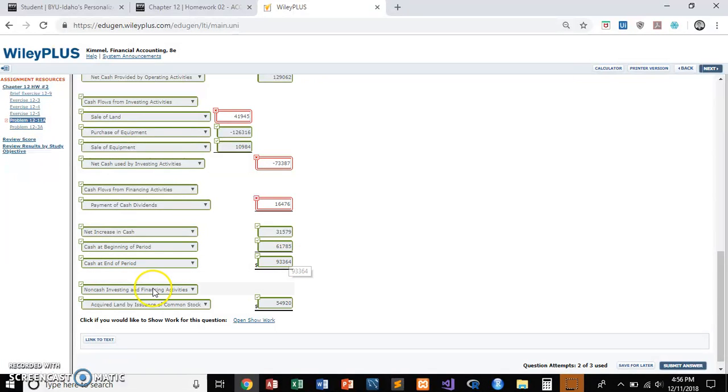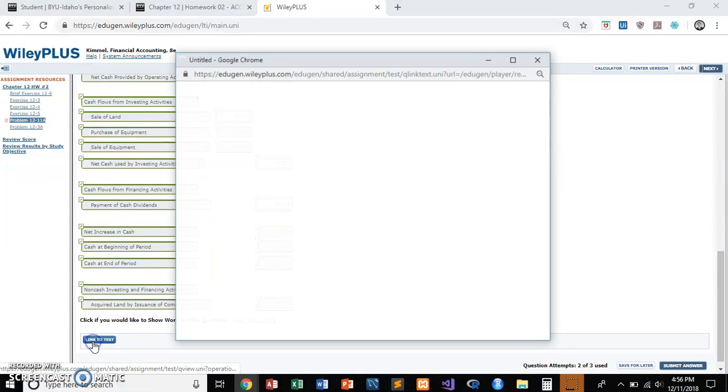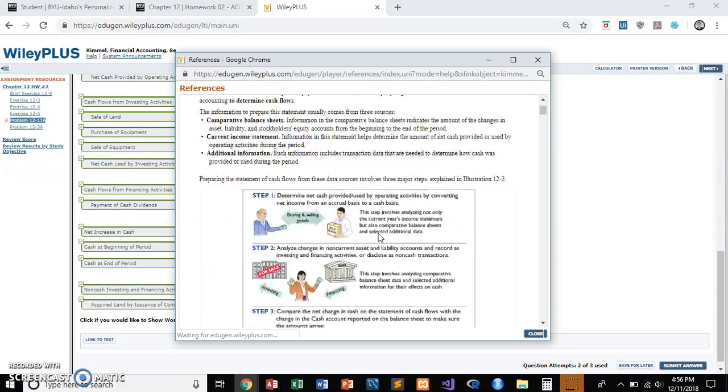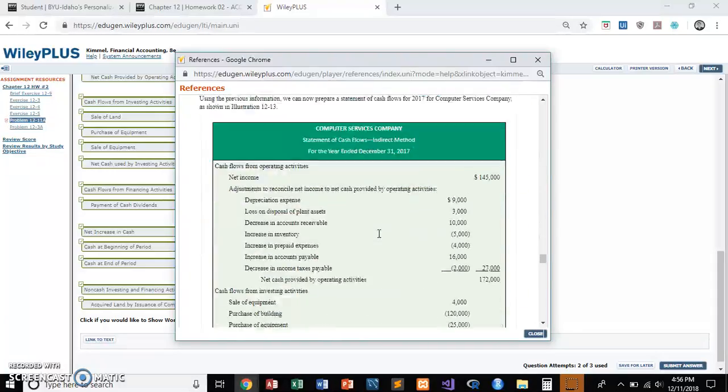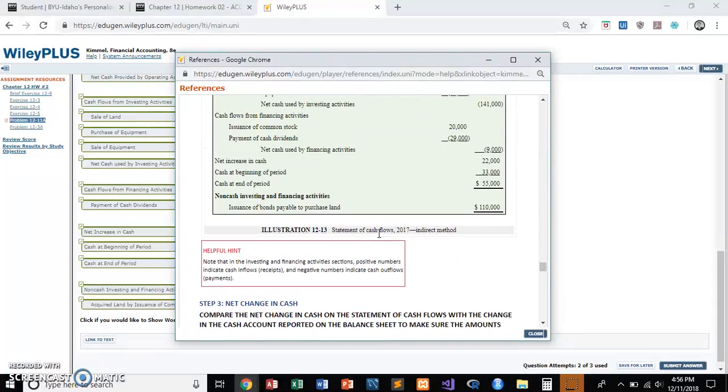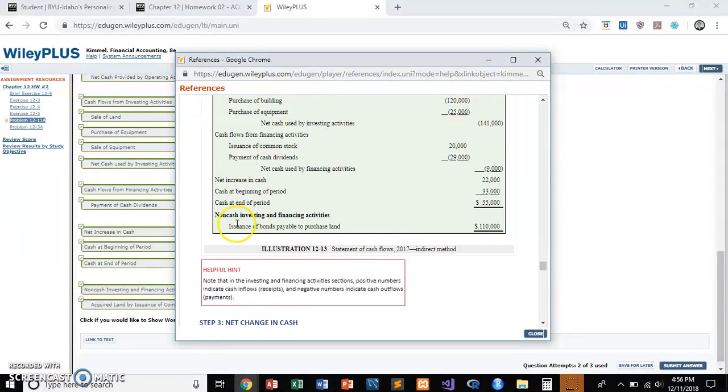And then right here, we're just going to record the non-cash investing and financing activities. That's going to go after the end. If you're doing link to text, it took me a few seconds to figure this out, so I want to show you guys. I didn't even see this section here when I went through the first time, so I was kind of confused. I didn't know what went in those last two spots.